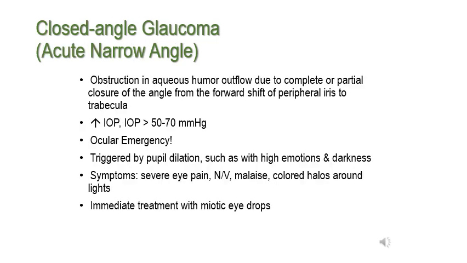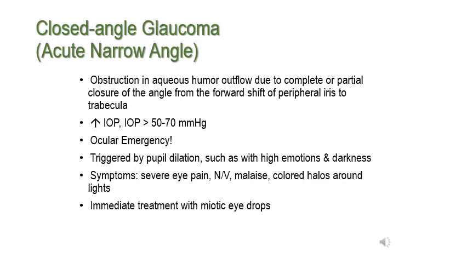Closed angle glaucoma is also called acute narrow angle. And this is where it is obviously most severe. This is an ocular emergency. We have obstruction in the aqueous humor outflow due to complete or partial closure of that angle.